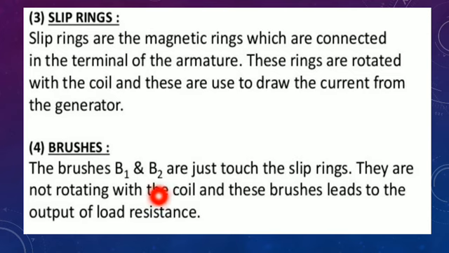These brushes lead to the output of the load resistance. So these are the four components in the construction. So what are the components?